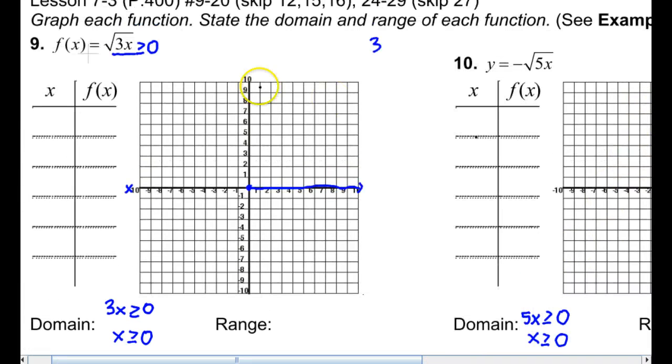So this is the same as square root of 3x plus 0, so the range, this is positive, so it's greater than 0. If this was negative, that means it's opening down, then this would be less than. So this depends on the a value, positive or negative, plus or minus.